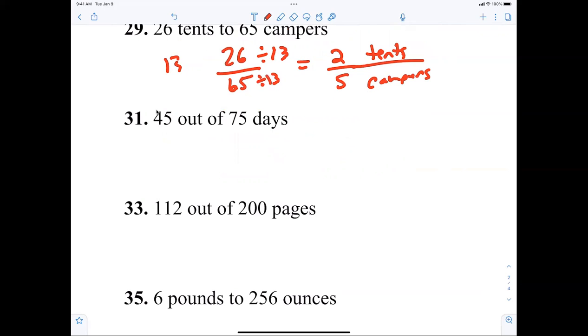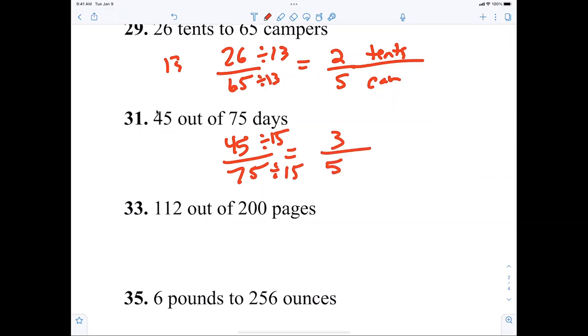You're up, Finley. How much? Wow, that's pretty smart, buddy. Divide by 15. I like that a lot. Yes, sir. 3 days.